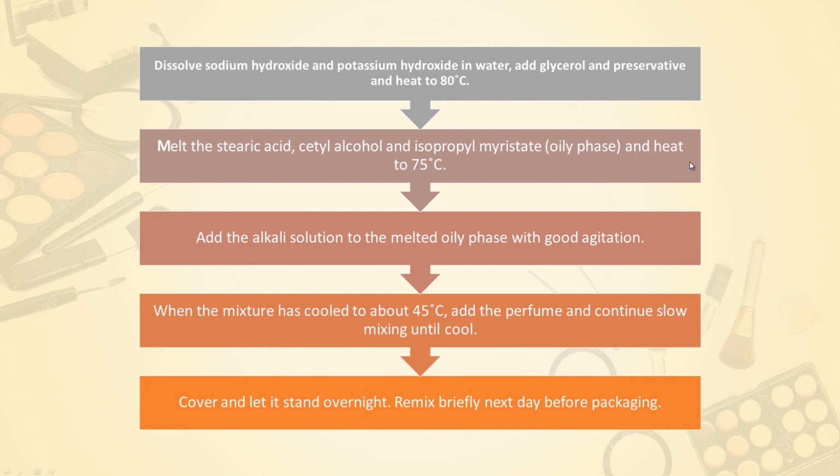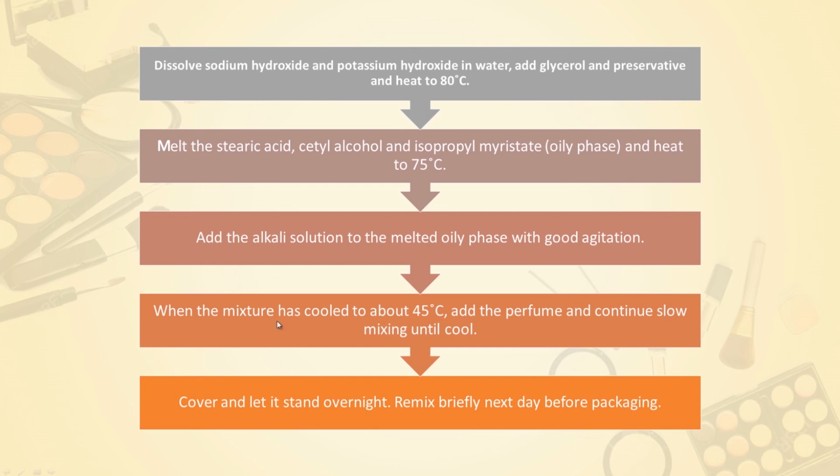Now, add the alkali solution to the melted oil phase with good agitation. The polyol glycerol which is added prevents the loss of moisture, and sodium stearate crystal gives the pearly shine texture to the cream.